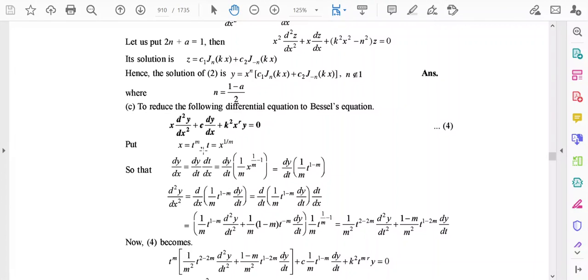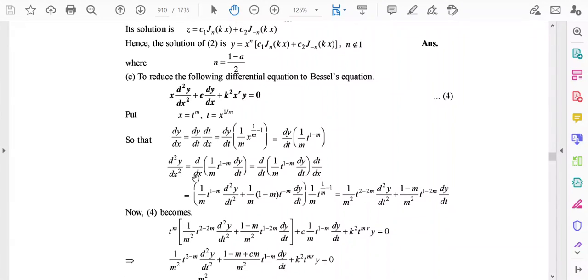Now dt by dx, how to calculate? t is equal to x to the power 1 by m. So from that equation we are going to calculate dt by dx. So this is the expression for dt by dx, and after some simplification, this is the form of dy by dx.